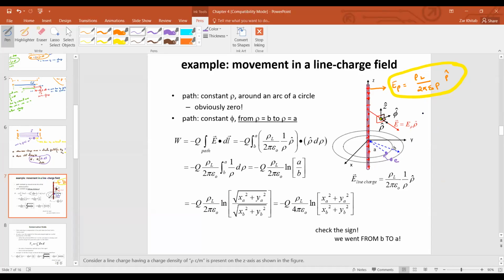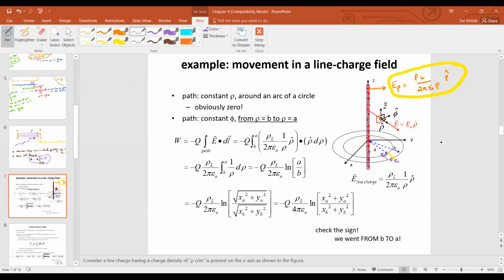By the field, exactly. And say the electron comes back here. When you try to move the electron against the field, this will be the work done by the external force.